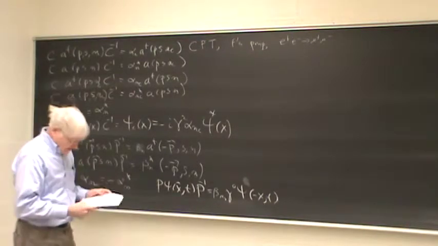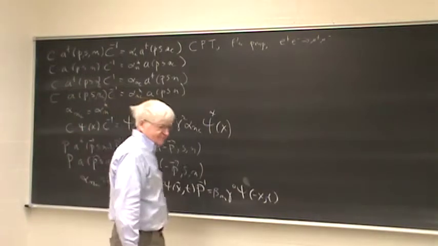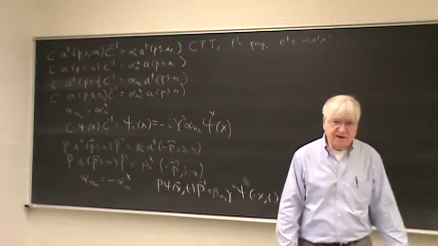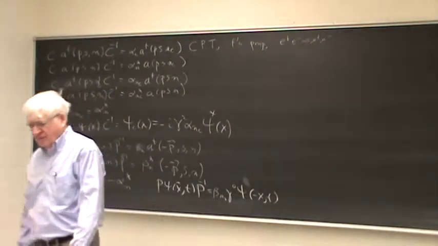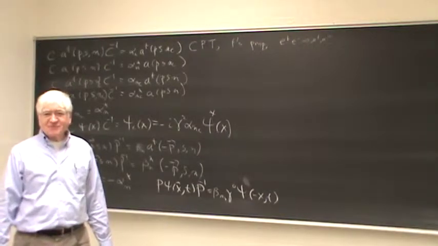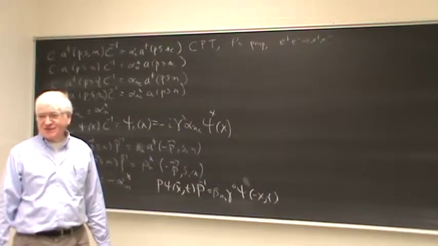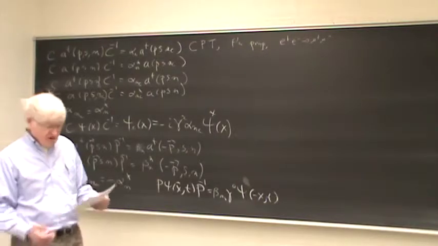Let me just say a couple of words about time reversal. In time reversal, as I said, it's a very spooky business because the time reversal operator, I really should have discussed this on Halloween, is antilinear and anti-unitary.